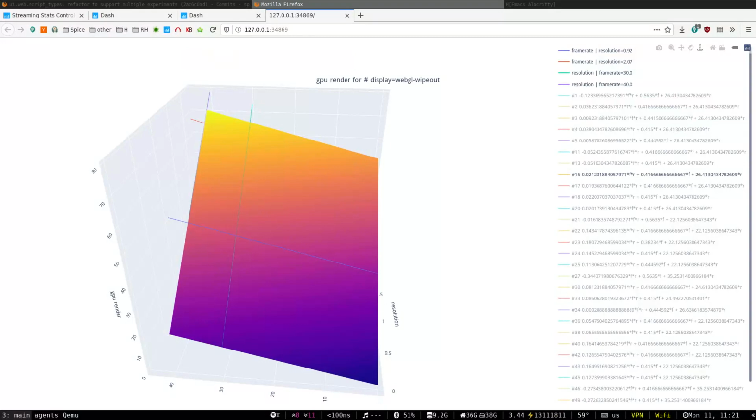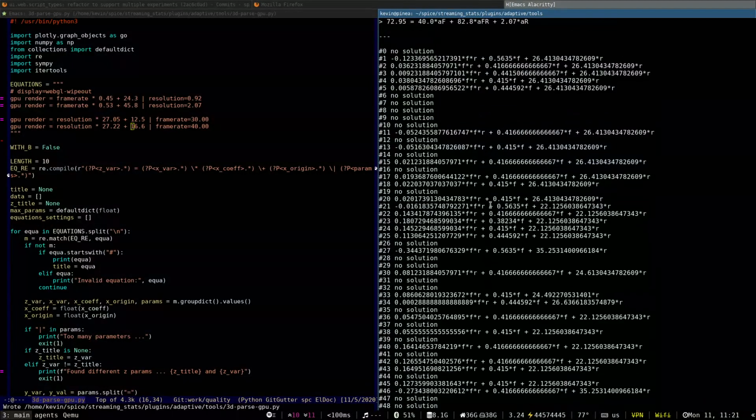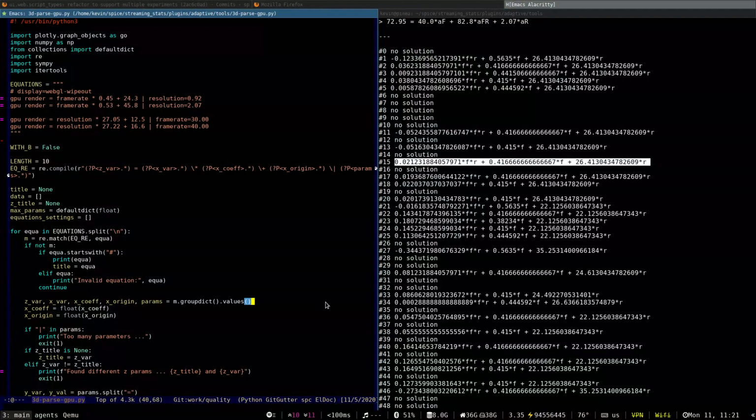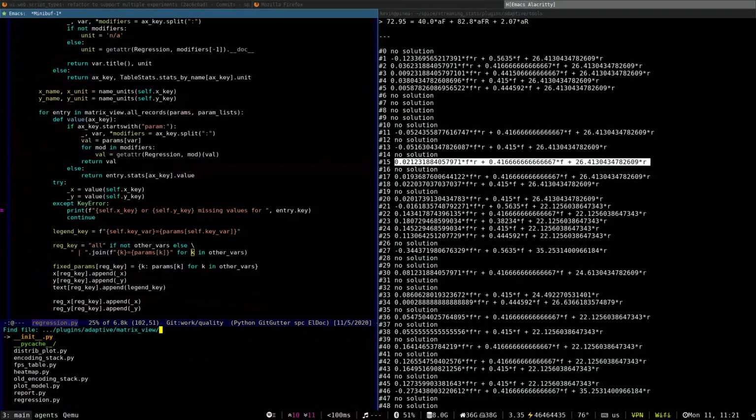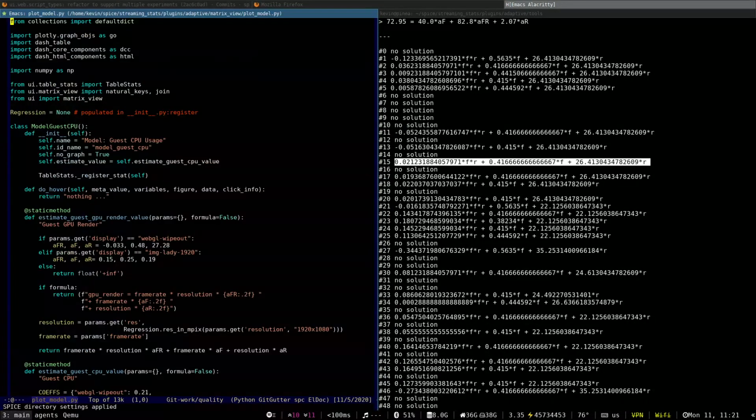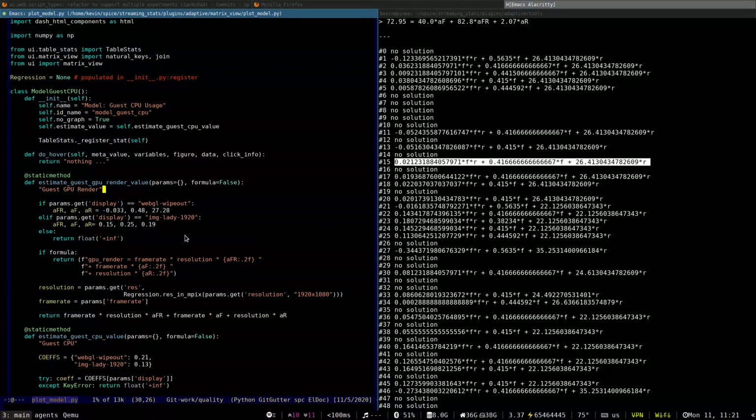So now we can inject these coefficients back into the streaming stat toolbox. So we had equation 15 highlighted. So let's switch and take this plot model for the GPU.